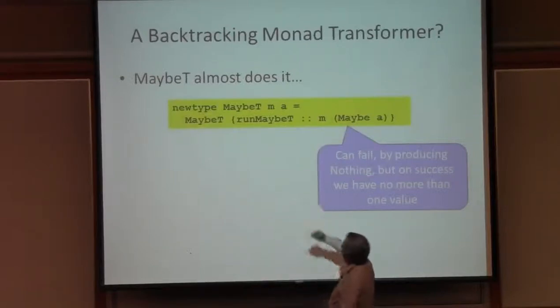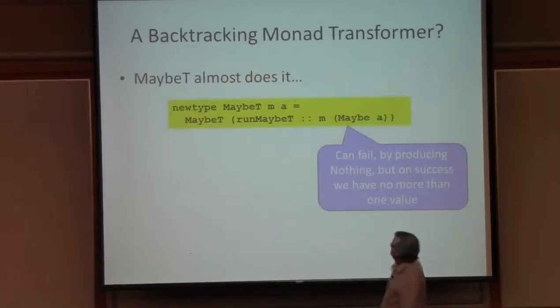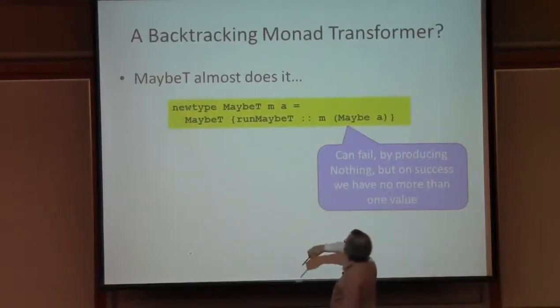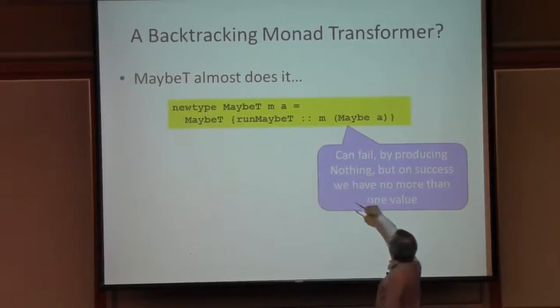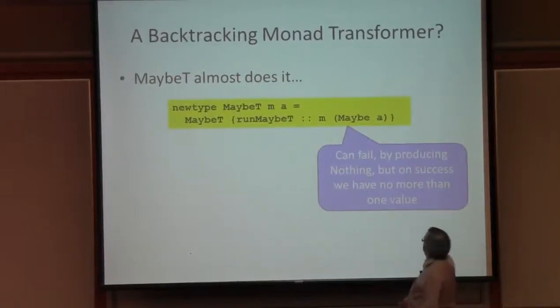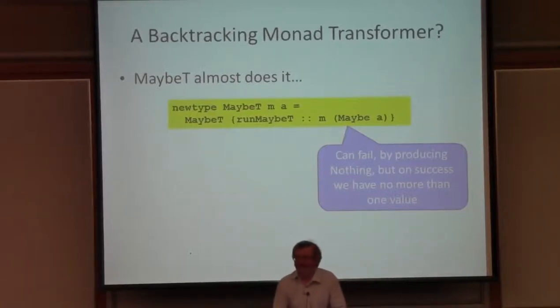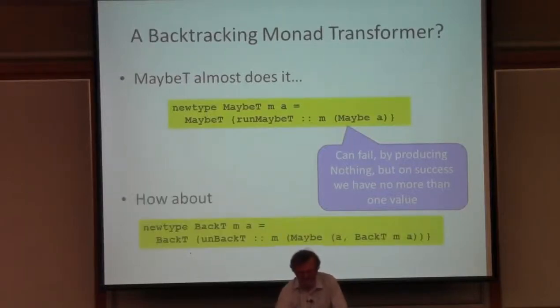So the maybe transformer almost does what I want. Here's a reminder of that type. A maybe t computation uses m to compute a maybe a, which means that it can fail by producing nothing, but when it succeeds, it doesn't give me any possibility of generating more values. So how about this type?